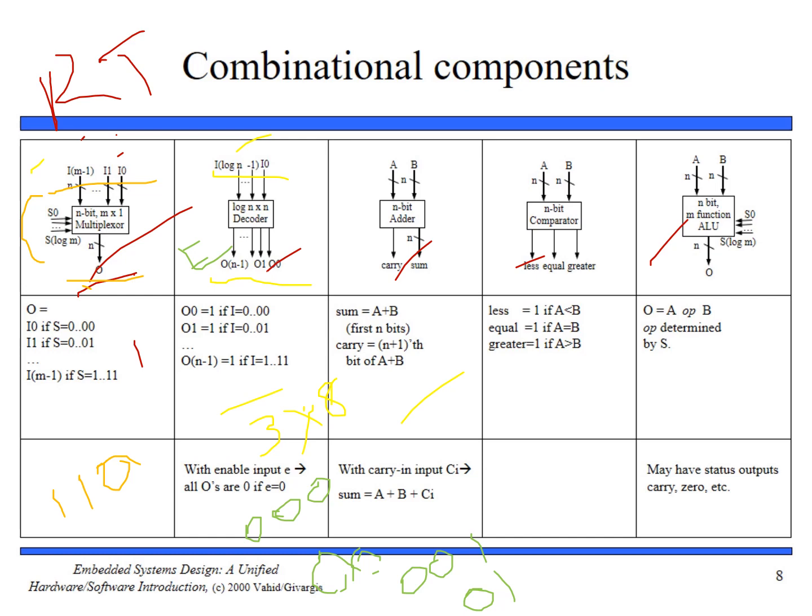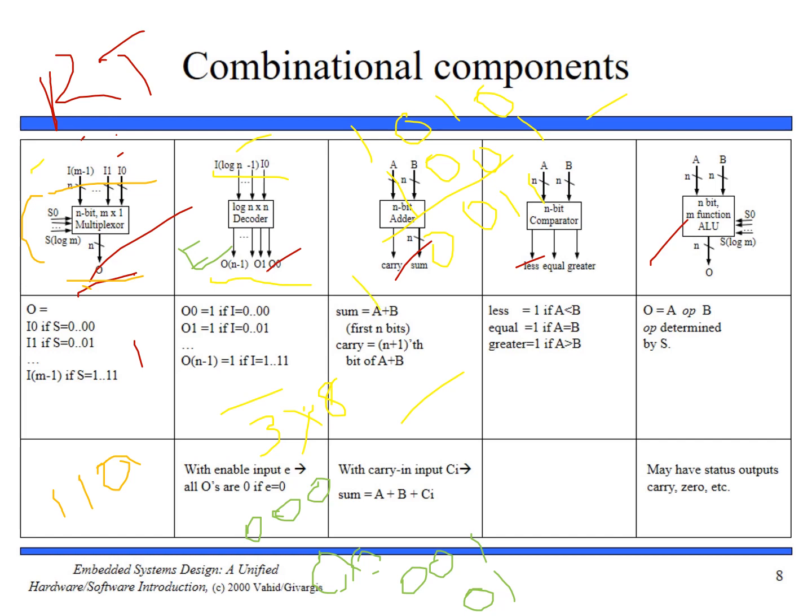If A is 1 0 1 0 and B is 1 0 0 1, so in that case sum would be 0 0 1 1. Okay, and carry will be 1.